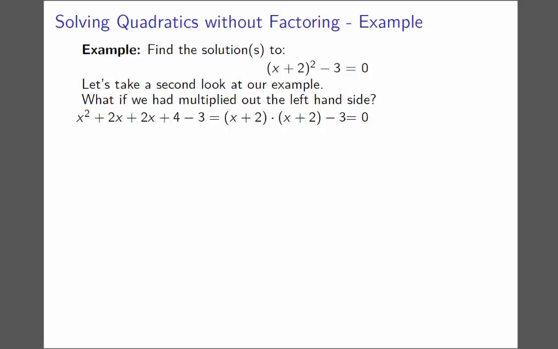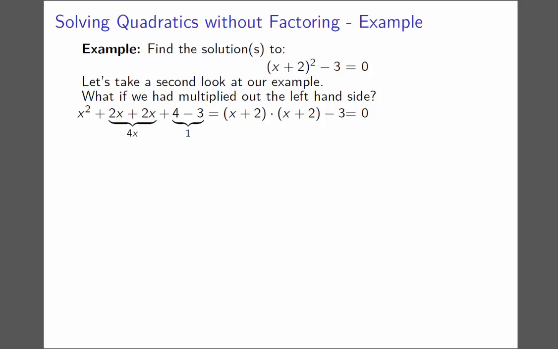And we still have −3 on the end. So multiplying this out, we get x² + 2x + 2x + 4 − 3, which can be simplified because 2x + 2x is 4x, and 4 − 3 is 1. This leaves us with the equation x² + 4x + 1 = 0.